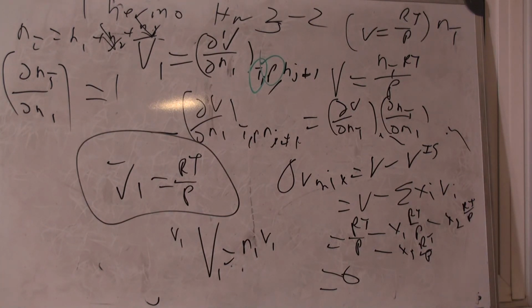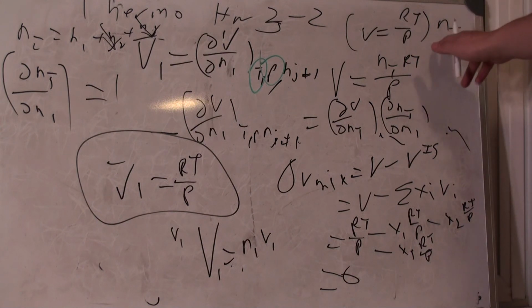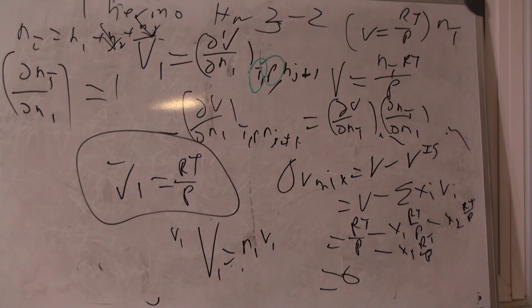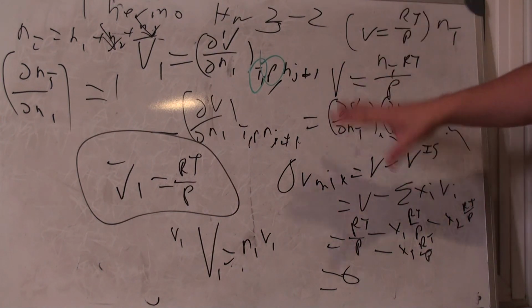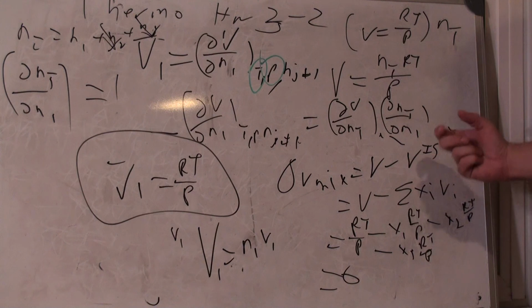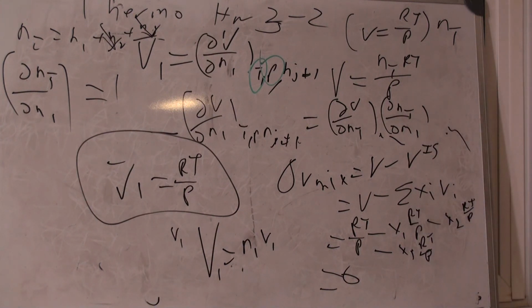And same thing with V2, and V is just the total moles. So nothing crazy. It's just to show you how this math works on an ideal gas, to show you that ideal gases are ideal solutions, and that there is no contribution, quote unquote, of component 1. Or rather, its contribution is everything. It is the mixture.